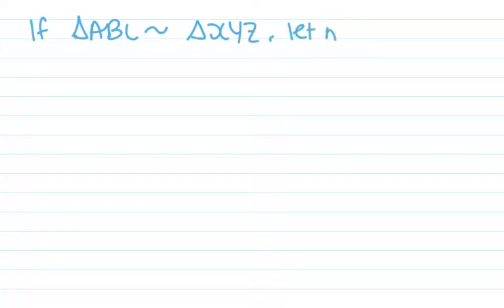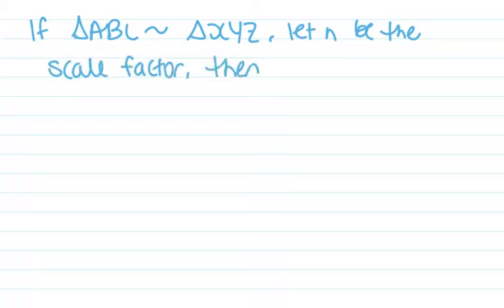So if triangle ABC is similar to triangle XYZ, let n be the scale factor, then the following is true.